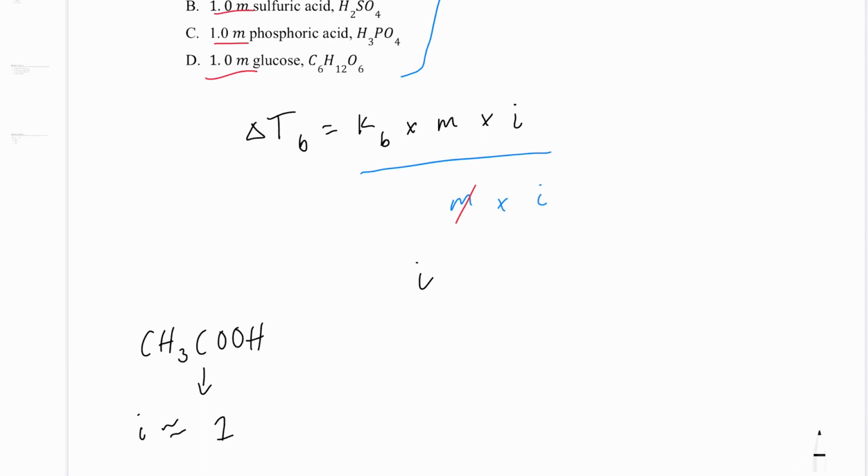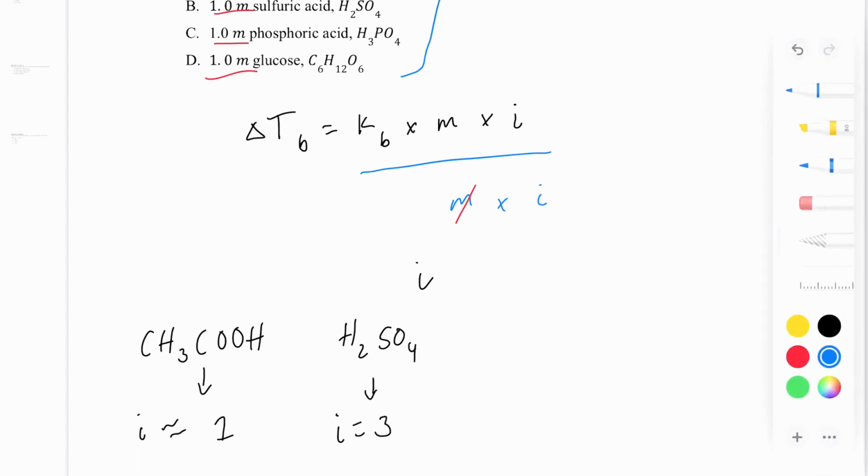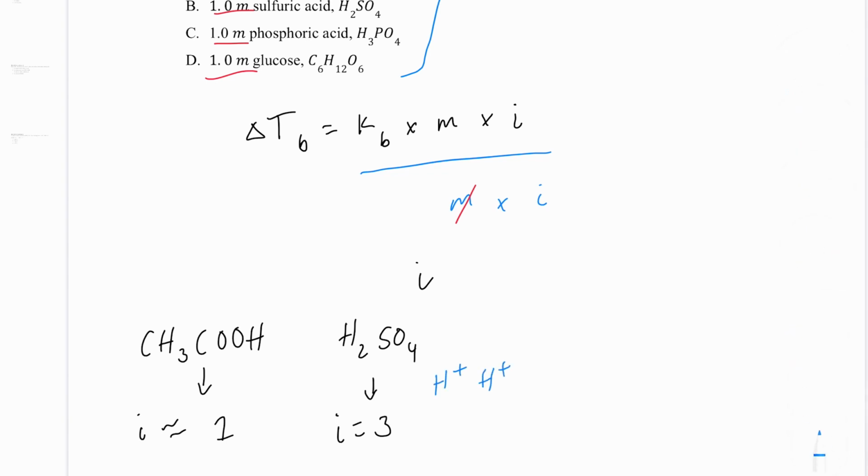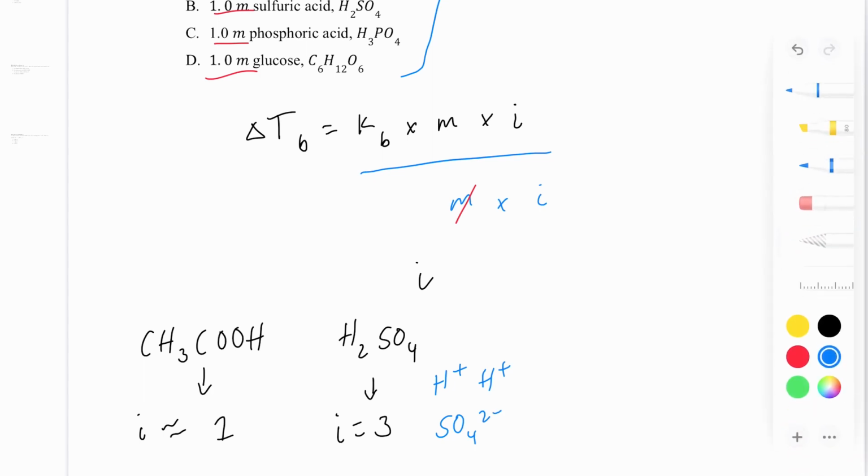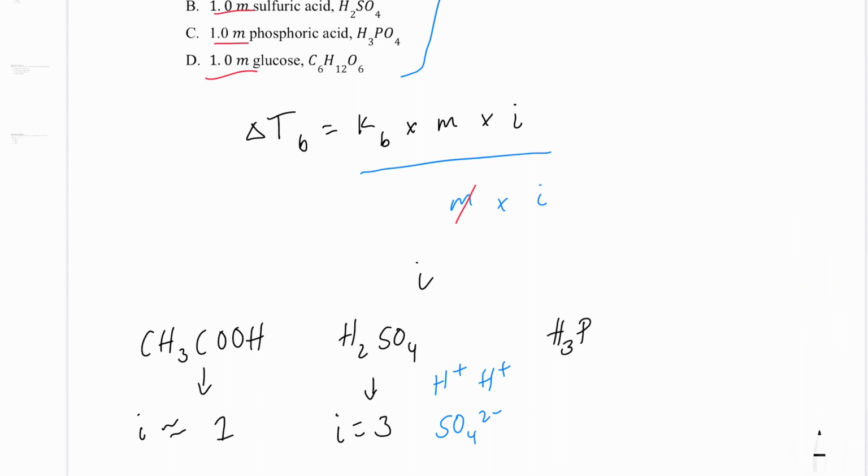If you look at sulfuric acid, H2SO4, that's a strong acid that's going to have a Van 't Hoff factor of 3, because H2SO4 is going to dissociate into 2 H+ and SO4 2-. H3PO4, on the other hand, is a weak acid, so its Van 't Hoff factor is going to be about 1.